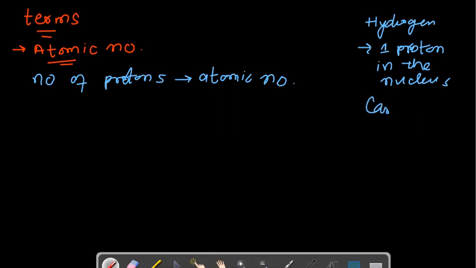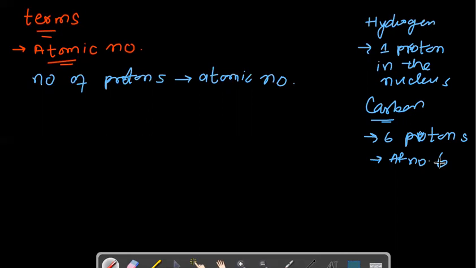Similarly, if I say carbon has 6 protons in the nucleus, what should be the atomic number of the carbon? The atomic number of the carbon would be 6. So you can identify by the number of the protons present in the nucleus that this is the atomic number of the substance. If you aren't provided with the number of the protons present in the nucleus, you can find out the atomic number using the periodic table.